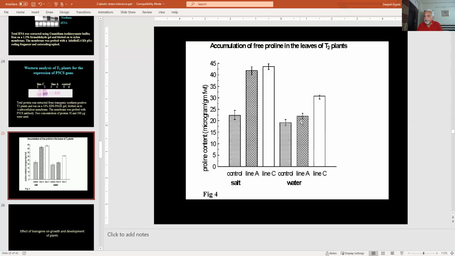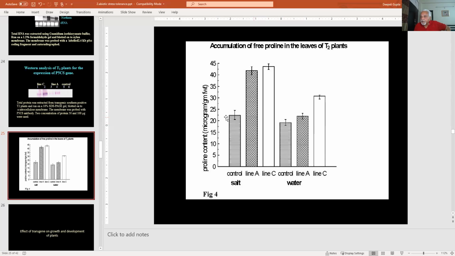This is the control, and then this is line A, and this is line C. And you can see significantly high levels of proline made under normal conditions. And when you expose the plants to higher levels of salt stress, you can see it gets over-accumulated here as compared to the controls.